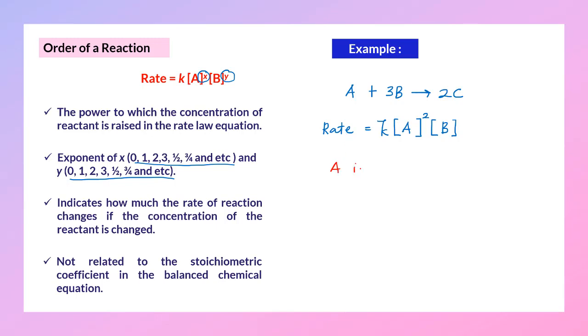A is second order. Why? Because we can see here the exponent, it is power of 2. B is, actually this is power of 1, first order.